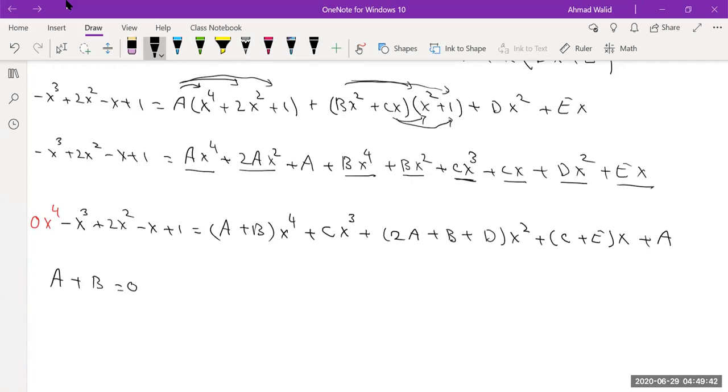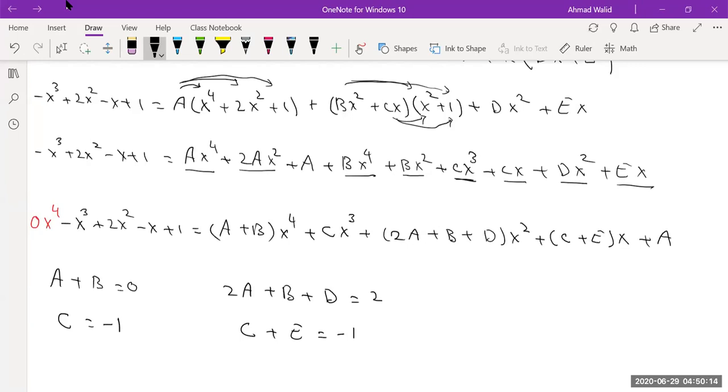The second equation will be c equals negative 1. The third equation will be 2a plus b plus d equals 2. And the fourth equation will be c plus e equals negative 1.